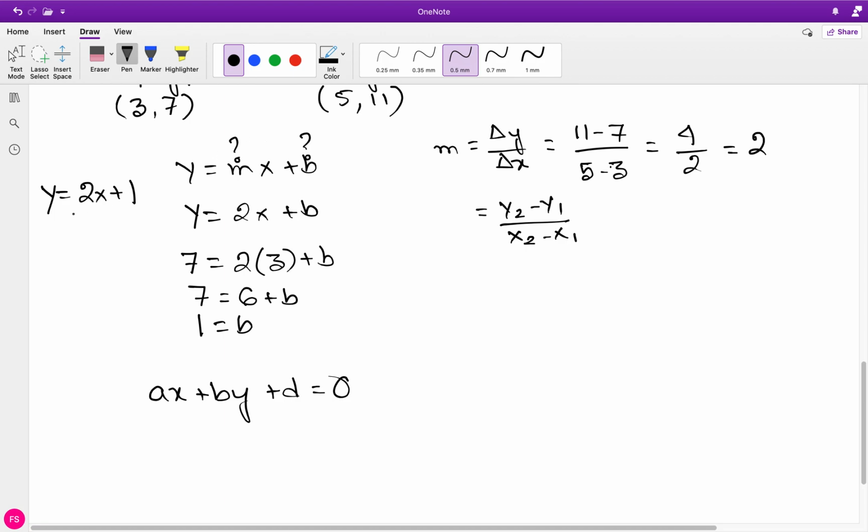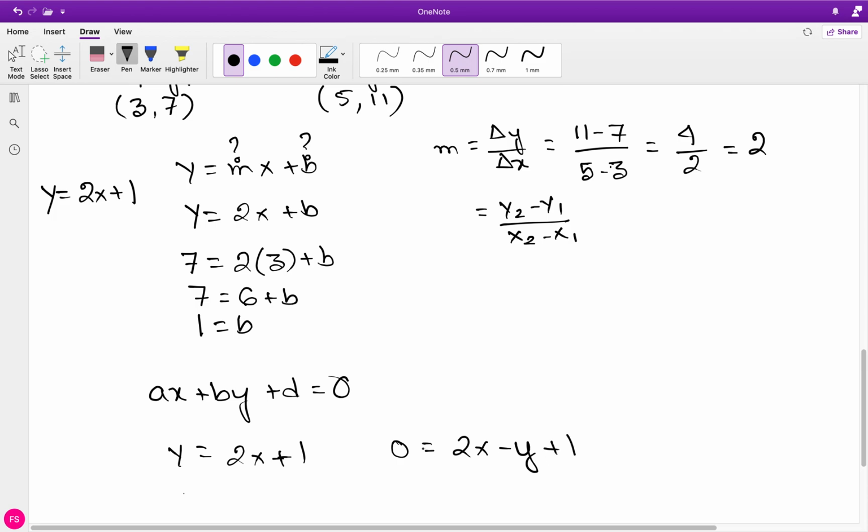So if you look at this question, I have y equals 2x plus 1. I will keep the 2x and 1 on this side, and I will just move the y to the other side. This will give me 0 equals 2x, and then positive y. If you move it to the other side, this will become negative y.